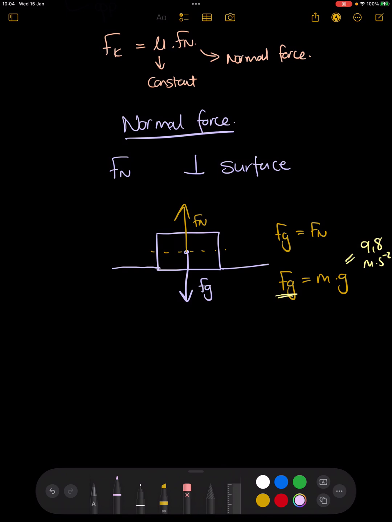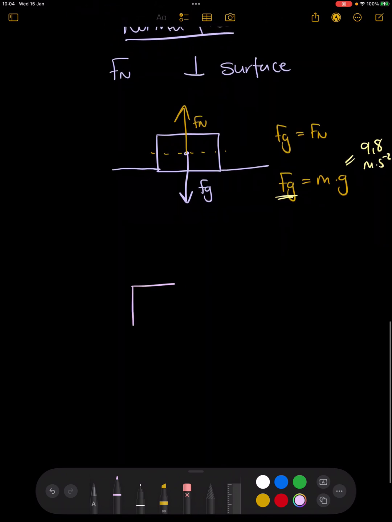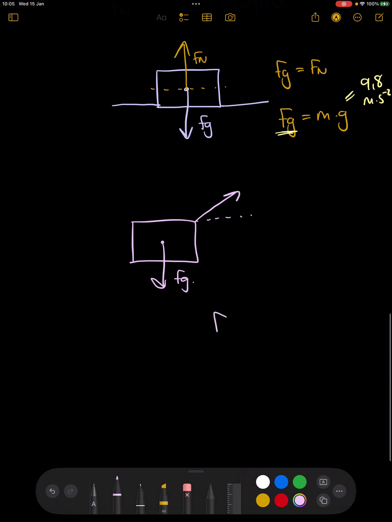However, if my box is being lifted upwards, my Fg is still going to be down this way. My Fn is not going to be just straight up anymore, because now my box is being lifted slightly. So to get my Fn, it's going to be equal to my Fg minus my Fy. What do I mean by that?